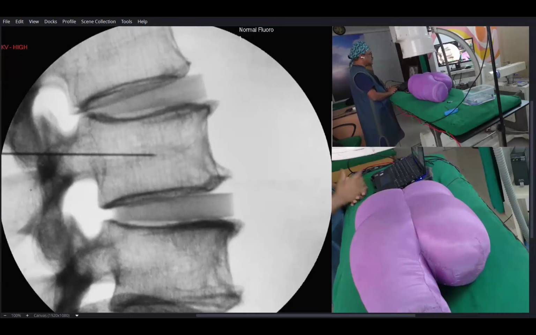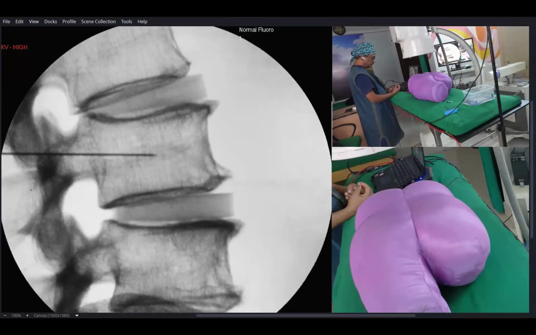Oblique is needed to identify the pedicle nicely. So basically, first on the AP view we identify the pedicle, and then go for the oblique view to identify the pedicle again. Even if you are not able to identify the pedicle nicely in AP, start with the lateral. AP and lateral you have to do. Oblique is just to identify the pedicle better.